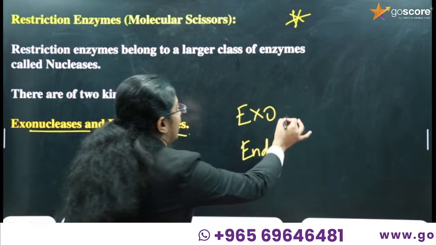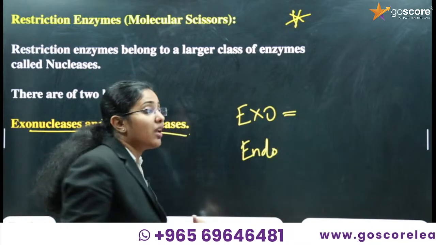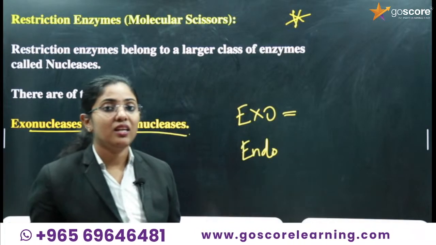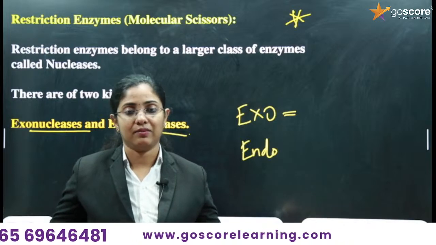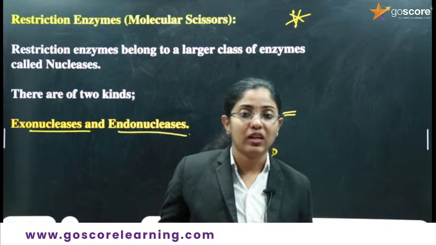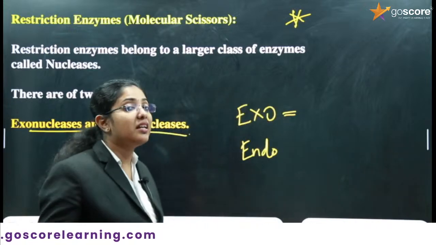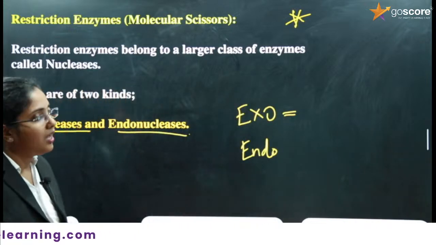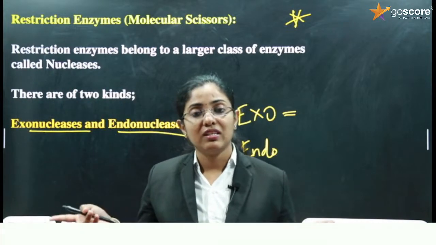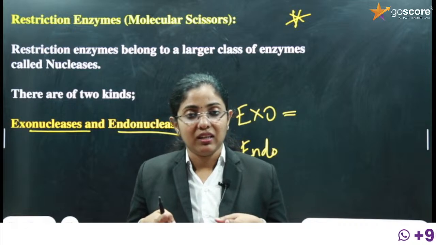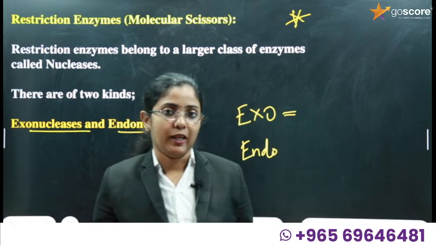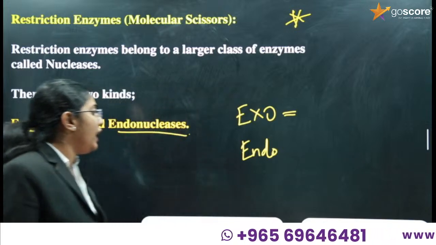Exo means the type of restriction enzyme where the DNA is cut at the ends. If the DNA is cut at the ends, we can call that kind of restriction enzyme an exonuclease. Next one, endonucleases. Endonucleases are the nucleases that cleave at the inner sides of the DNA. That is the meaning of endonucleases.